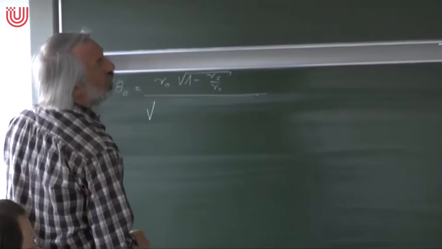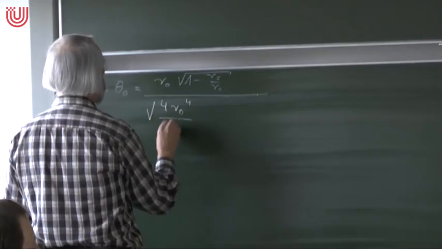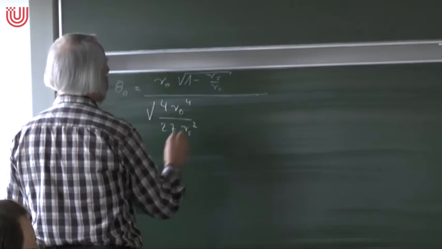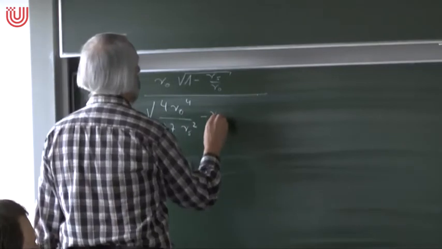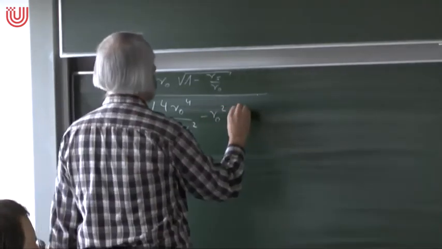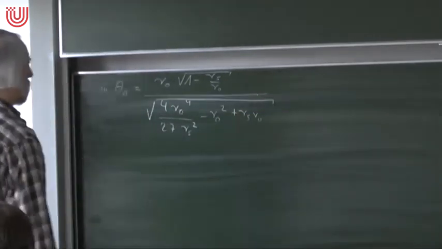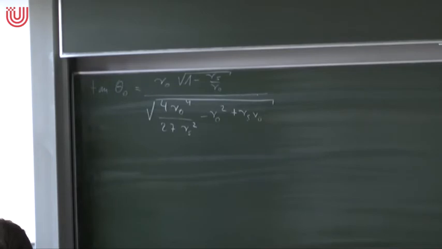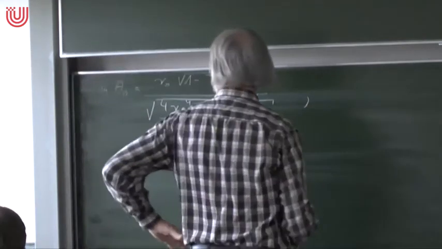So I have 4 R naught to the 4 divided by 27 Rs squared minus R naught squared plus Rs R naught. Okay, this can be written in a nicer way if we express it in terms of the sine instead of the tangent.